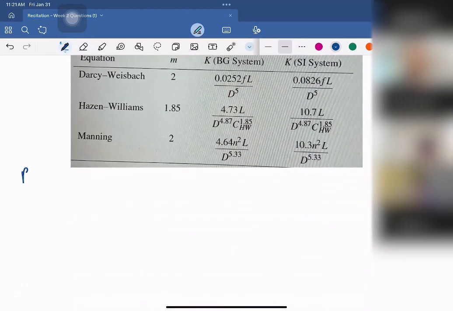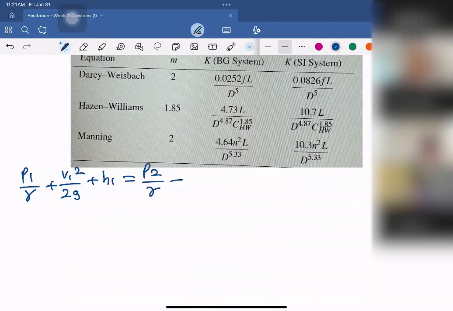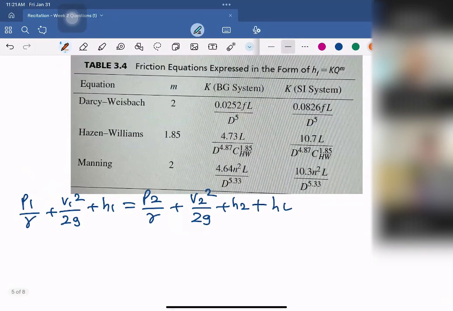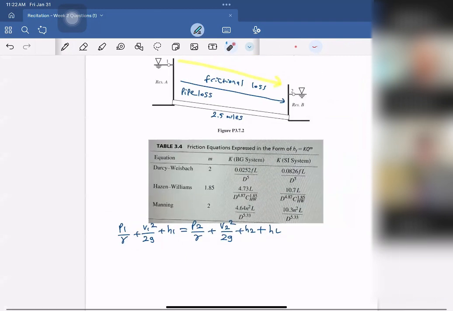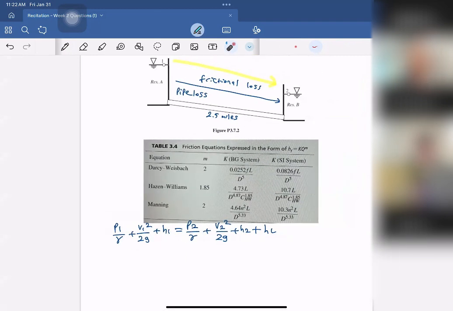As always, start with the energy equation between these two points. We can again eliminate something here. And do you have any guess which one would be? Would it be pressure? Yes, great.